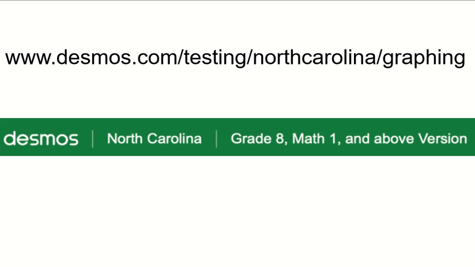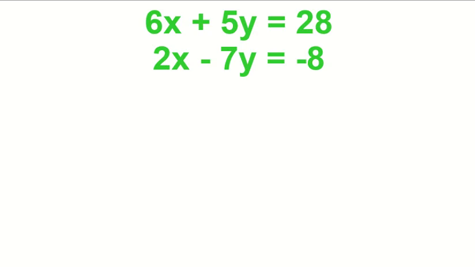Testing version, it'll show you how to do. Systems, it's kind of 50-50. Some of them are active, some of them are inactive, so you've got to be able to do them both ways. All right, so let's start with this. All you need to do is type in the equations on two separate lines on Desmos.